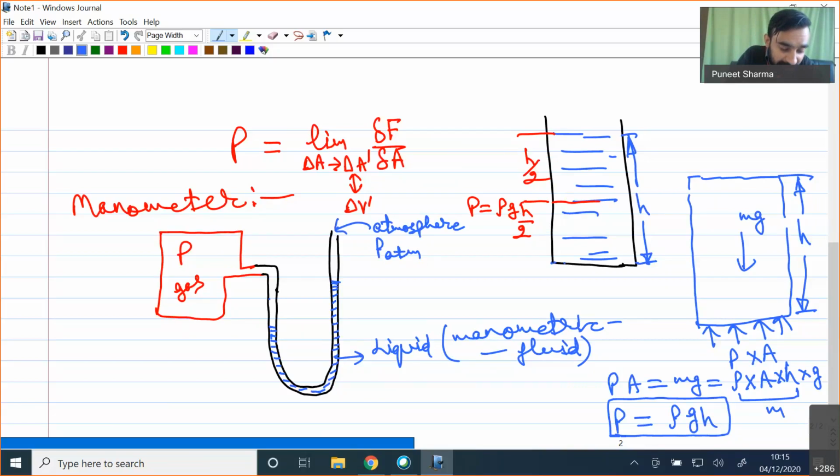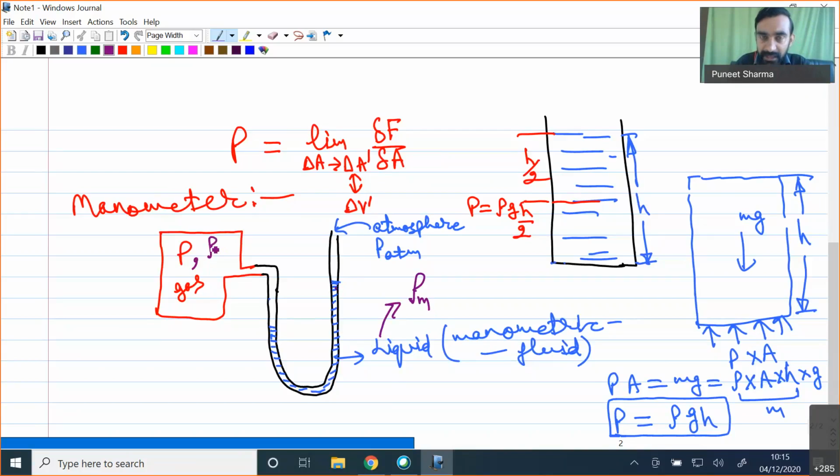Now let us consider that whatever manometric fluid I have considered over here, for this manometric liquid, the density is rho m. So rho m is nothing but the density of the manometric fluid. And let us consider that the gas I have taken inside the container has pressure P and density rho.